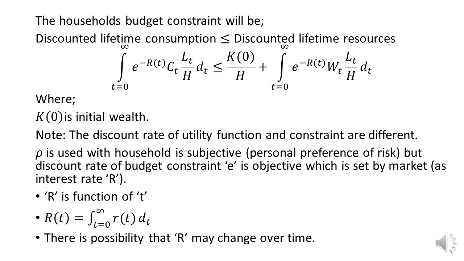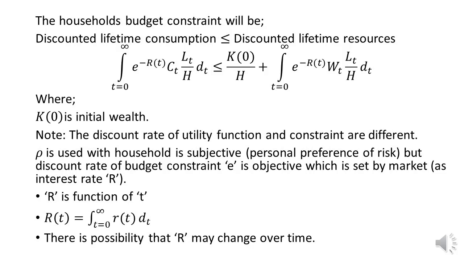So this is not subjective. We mean that the market will decide what discount rate the constraint is facing, but this is very different from the household discount rate that is based on their subjective preference of risk aversion.